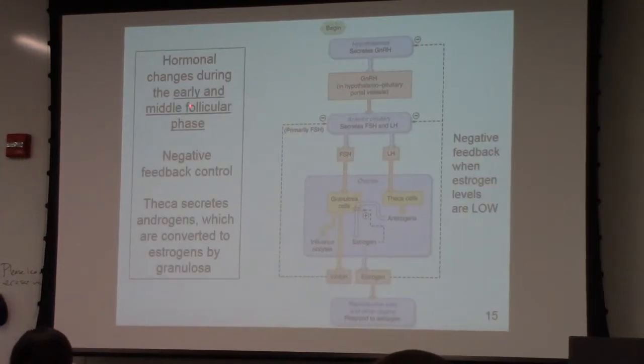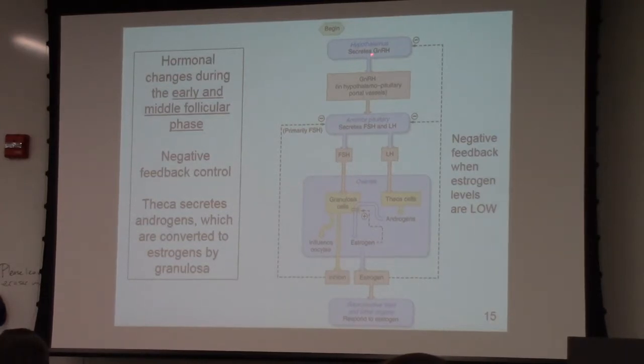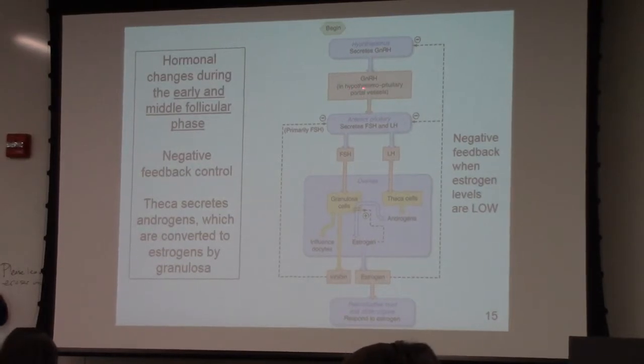During the early and middle follicular phase, the hypothalamus is secreting GnRH in response to cues. GnRH is released into the median eminence, into the portal circulation, and it triggers the gonadotrophs of the anterior pituitary to secrete FSH and LH.